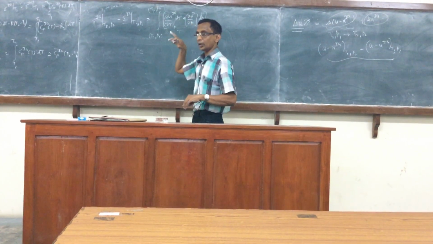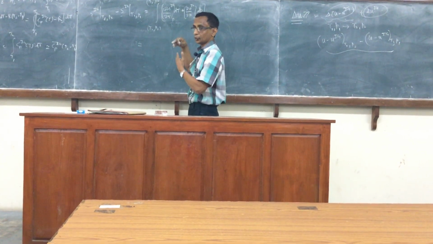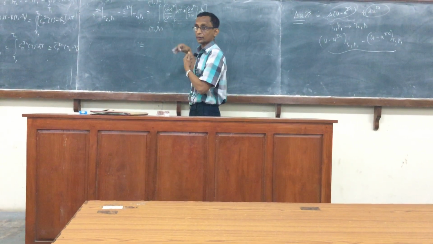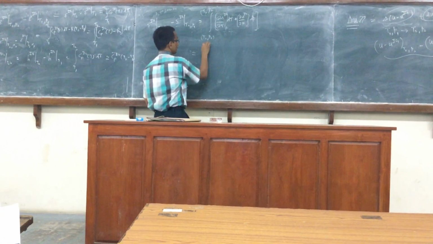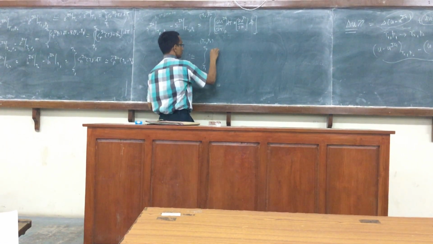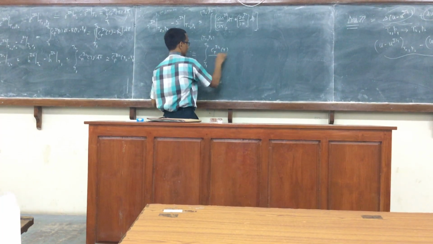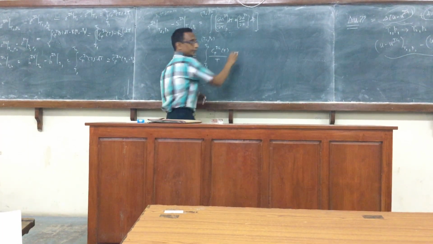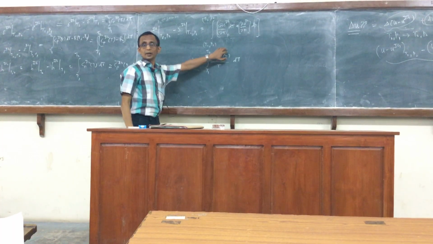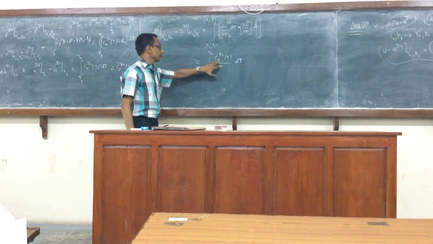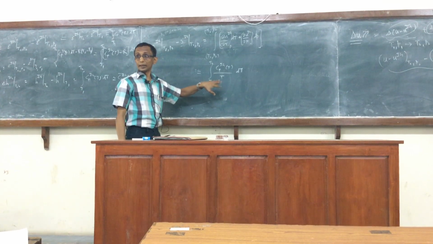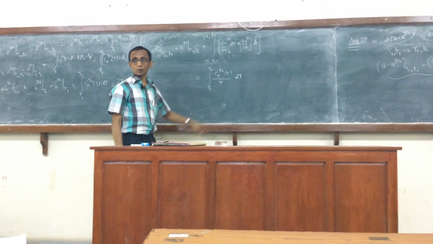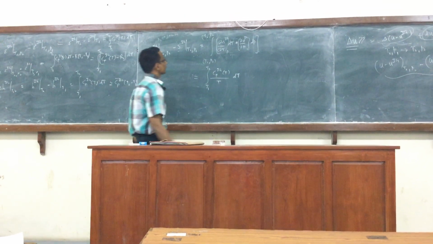Otherwise I have to choose a suitable path and maybe split it into a constant temperature path and a constant pressure path. That's not really needed here. So I write this as T1 to T2. Of course, if Cp is approximately constant, then I get Cp times logarithm of T2 by T1, right? Because I have a 1 over T in the denominator.